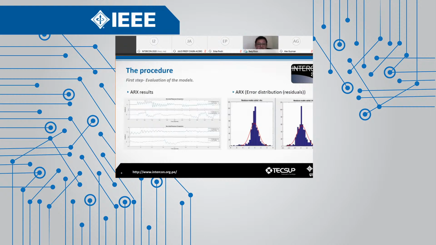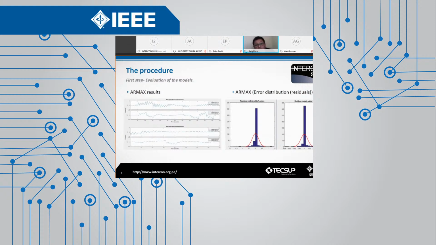These are the results for the ARX model. The error distribution of the base parameters shows a distribution similar to Gaussian. These are the results for ARMAX. The ARMAX model is similar to Gaussian, but not good results.